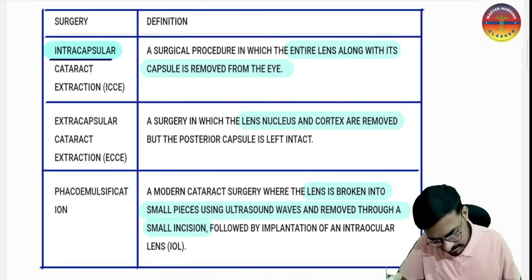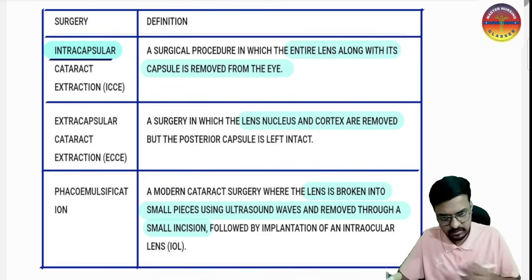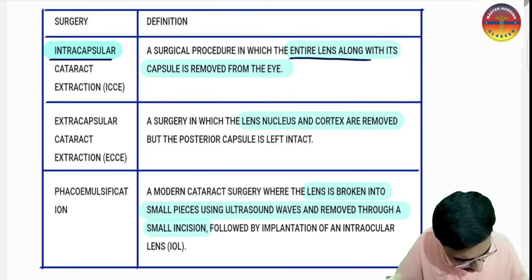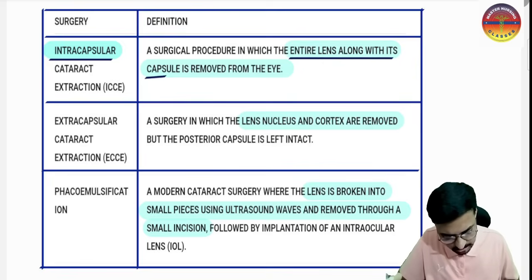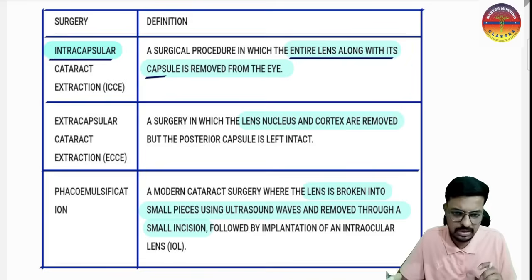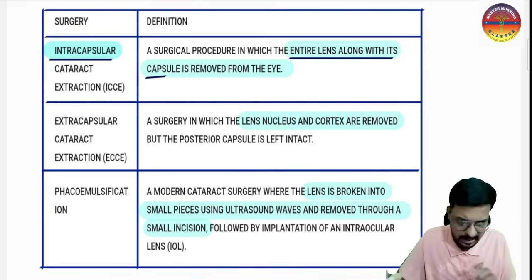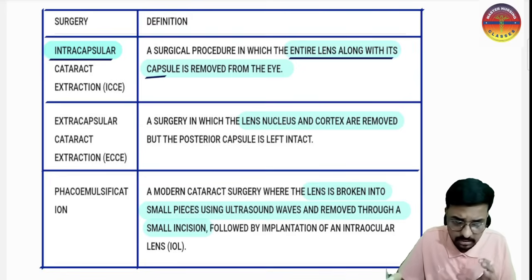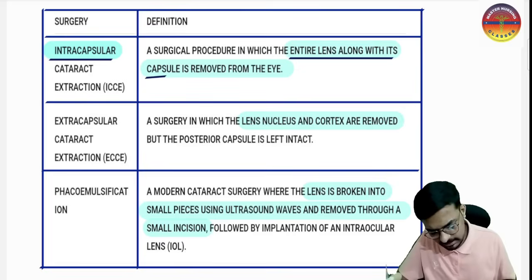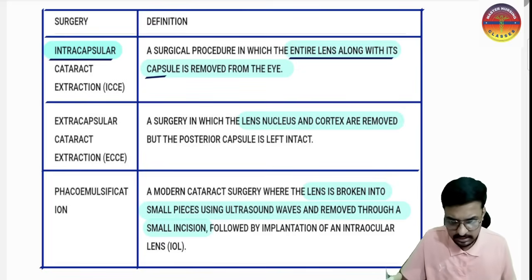So not only the nucleus, not only the cortex, not only the capsule, but all three portions, the nucleus, capsule, and cortex, are removed. That is intracapsular cataract extraction.